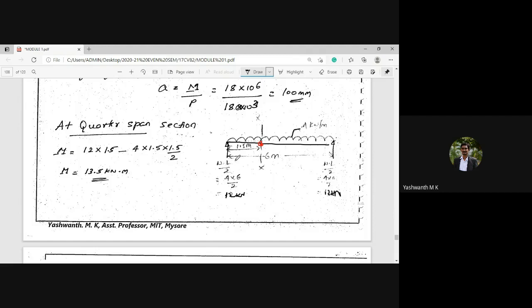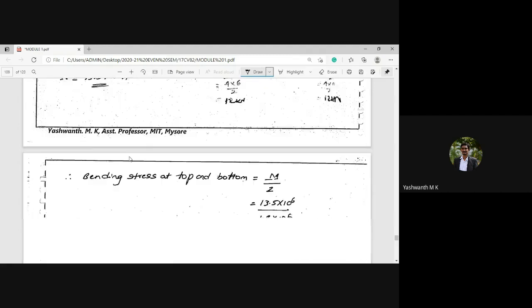Now let me go ahead with the moment calculation. First consider this 12 multiplied by 1.5, which is clockwise. Next, the 4, that is the UDL, multiplied by this quarter span distance, L into L by 2, which gives 13.5 kilonewton meter. We have already calculated this in the stress concept.